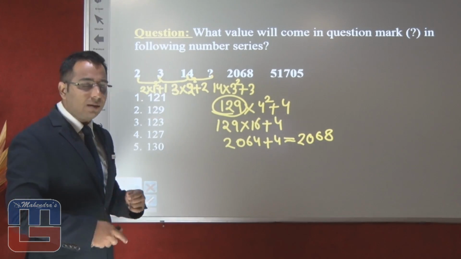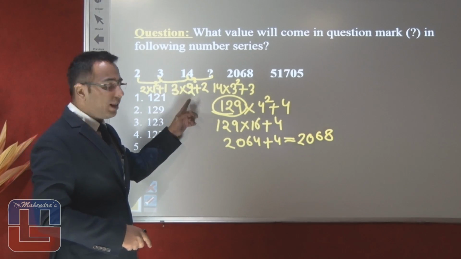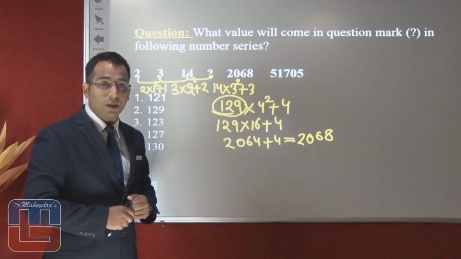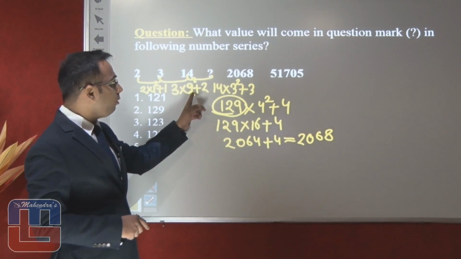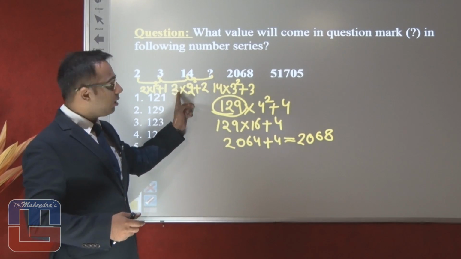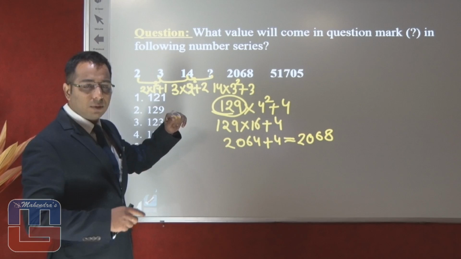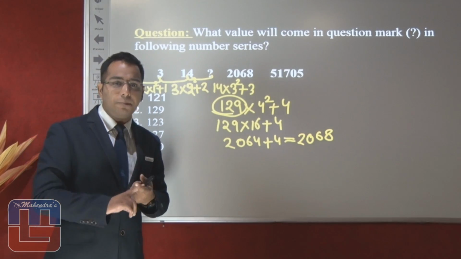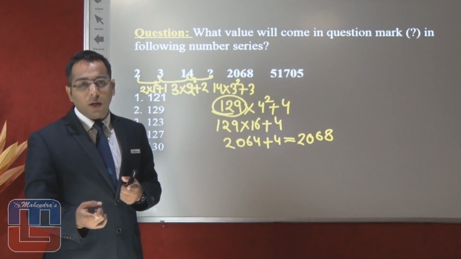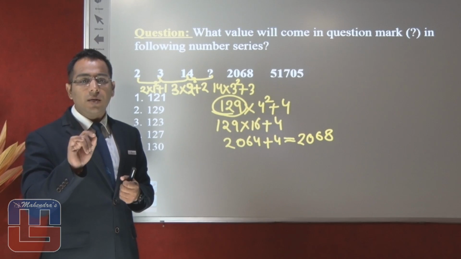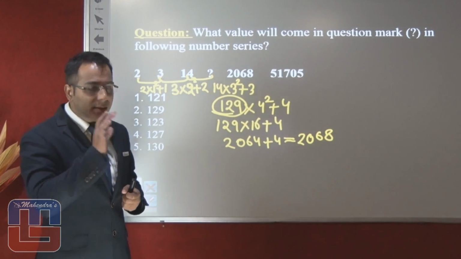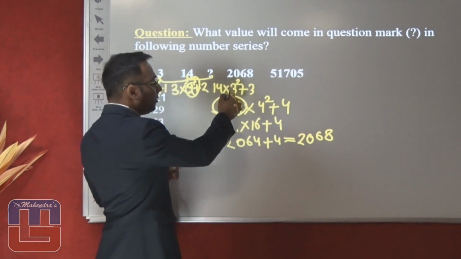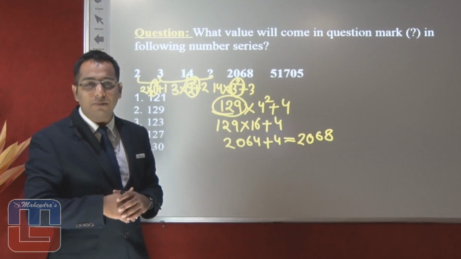But the problem next comes: if we follow this concept, then we have to multiply it by 2 or 3 or anything, and then add the same number. So if we put here 3 into 4 plus 4, then we get 3 into 4 is 12 plus 4 is 16. The number is greater than what the value is. So now we know that we have to multiply it with 4 plus 2. 4 is a square of 2. So we know that the values we have to multiply are the square terms, and we have to add that number afterwards.